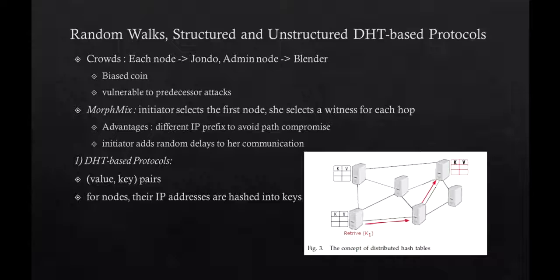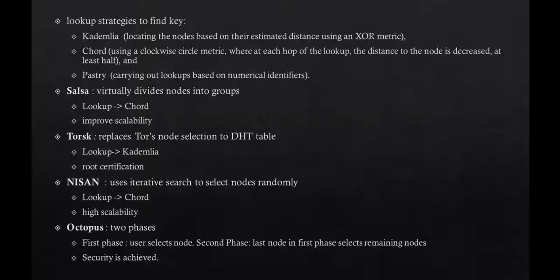We'll be talking about DHT-based protocols in detail. As you can see in the diagram, distributed hash tables have a key and value pair. For nodes, their IP addresses are hashed into keys. In the paper, they have suggested three lookup strategies to find the key. Kademlia: locating the nodes based on their estimated distance using an XOR metric.